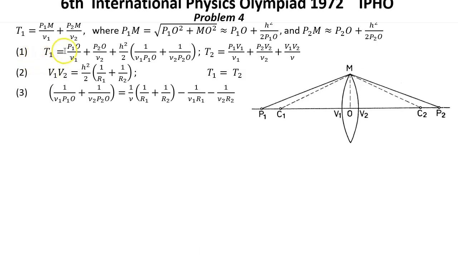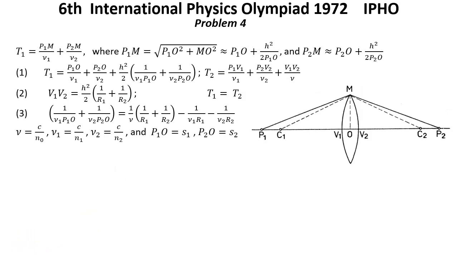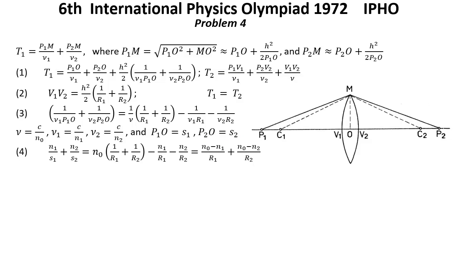After subtracting P1O over nu1 and P2O over nu2, and getting rid of H squared over 2, we have this expression. Now because nu equals C over n0, nu1 equals C over n1, and nu2 equals C over n2, and also P1O equals s1 and P2O equals s2, instead of equation number 3 we have equation number 4.